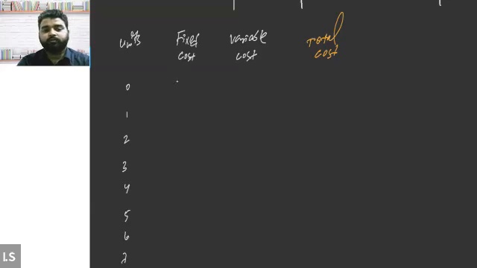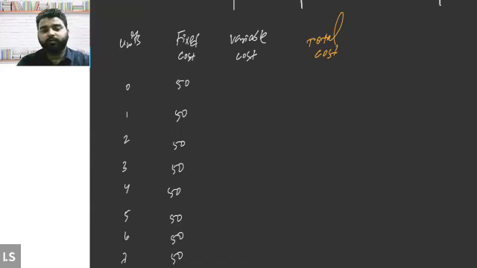Let's suppose it is 50. So it will be 50 throughout the production: at the first, second, third, fourth, fifth, sixth, and seventh unit. But on the other hand, variable cost is directly related with the output. That means as the producer produces more, more variable cost will be incurred.